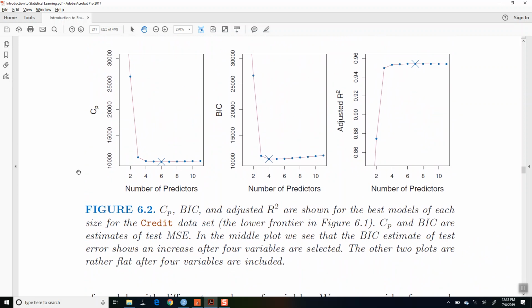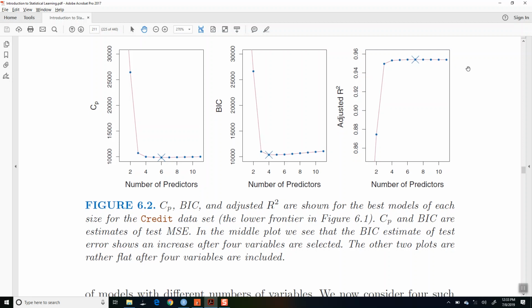So yeah, these are the graphs. This one is Cp, which is pretty much the same as AIC, okay? And this one's BIC, and this one's adjusted R squared. It goes down as we add more predictors, and then it starts to come back up. Same with BIC. And adjusted R squared goes up as we add more predictors, and then it starts to come down if we add too many predictors, right?